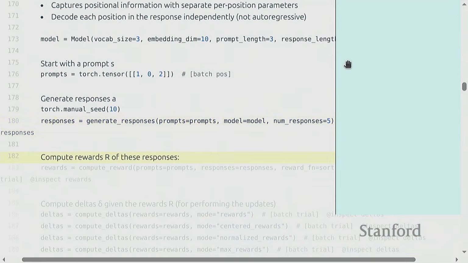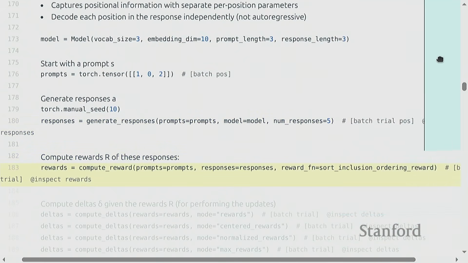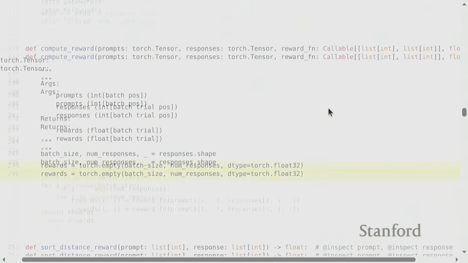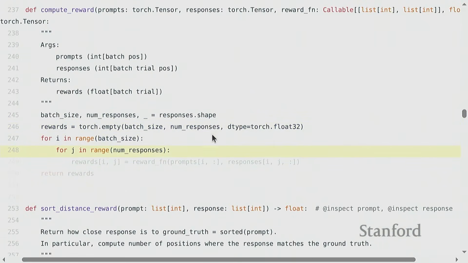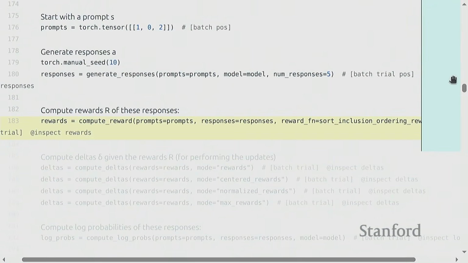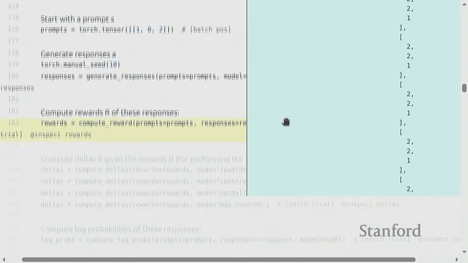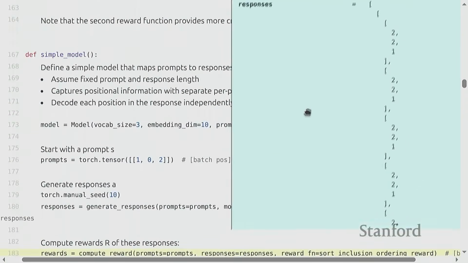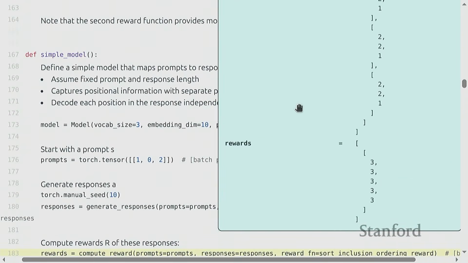Okay, so I get my responses. I can compute a reward over all these responses. This goes through, and for every prompt and every response, I just call this reward function, which we looked at earlier. Nothing too interesting there. Sorry, this is a little bit long.